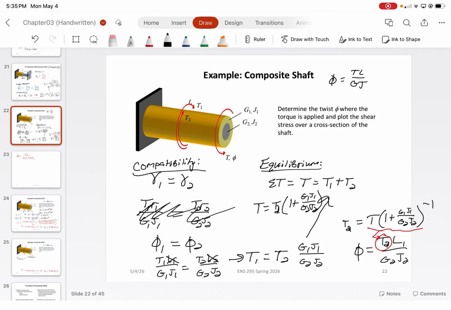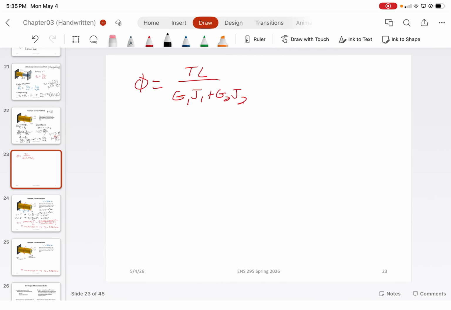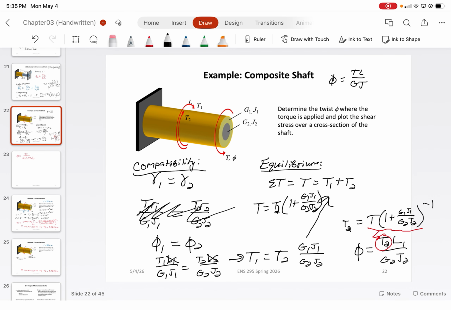Does that make sense? Sorry, I'm going a little fast. But I replaced T1 into that equation there, which is in terms of that T2. So the T1 gets replaced with the T2 times G1J1 over G2J2. That's where I messed up.